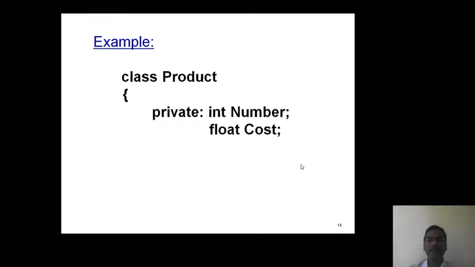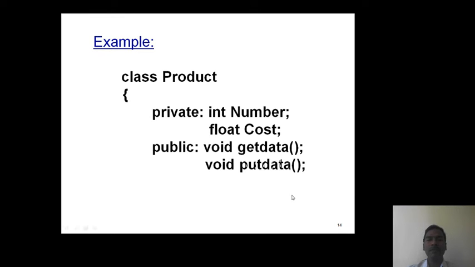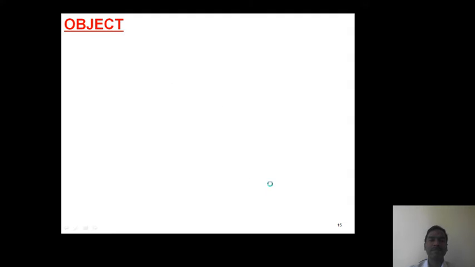Then, we declare two member functions, getData and putData, with the access specifier public. So here, getData and putData are public members. They are capable of accessing the data members number and cost. So this is a class.